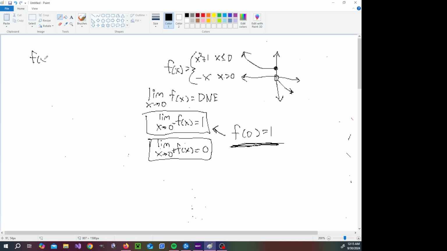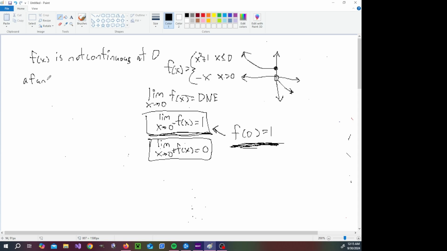so f of x is not continuous at 0, we kind of are, but only from the left side, right? This left-hand limit does match the function at that value. So it turns out that we do say if a function is continuous on the left or on the right.